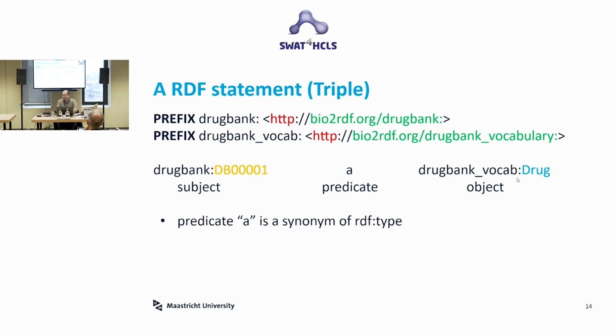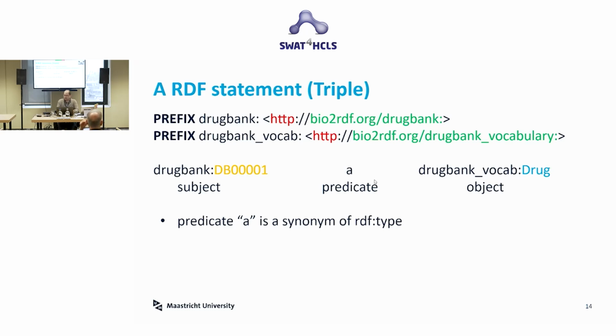And on the right side, the object is also an IRI or URI, because it has a prefixed URI and then the name drug. That means this entity called DB0001 has an RDF type, or is a drug, right?